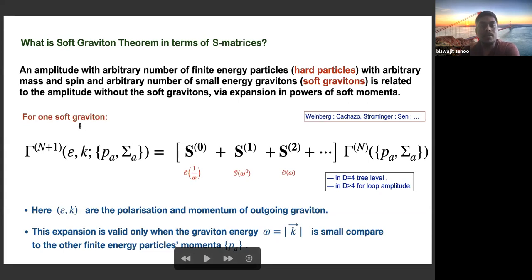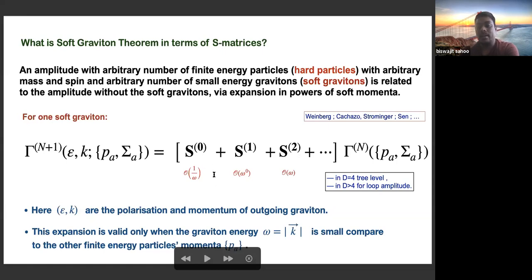For example, consider the single soft graviton case: a scattering where n hard particles are involved and one soft graviton with polarization epsilon and momentum k, and the hard particles have momenta p_a and spin sigma_a. Then we can relate this (n+1)-point amplitude to the n-point amplitude in terms of some operator acting on the n-point amplitude.